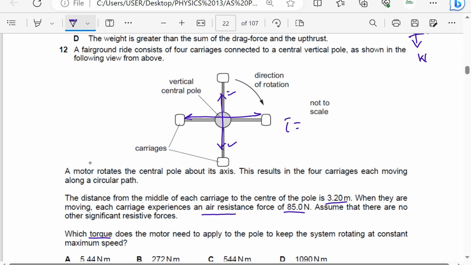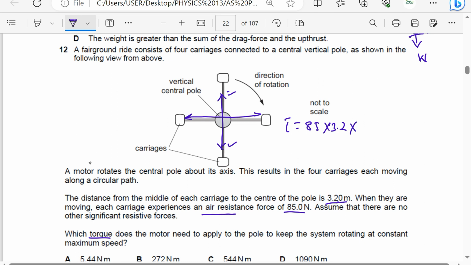If they are rotating clockwise, the torque due to 1 is going to be... Assume that there are no other significant resistive forces. The distance from the middle of each carriage to the center is 3.2. So the torque on each carriage should be 85 times 3.2.